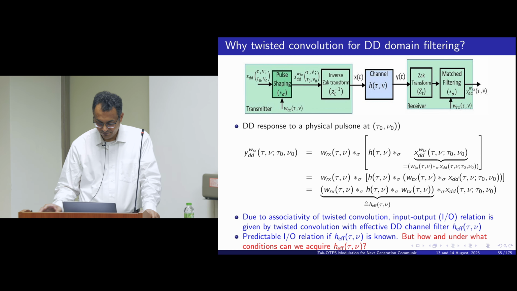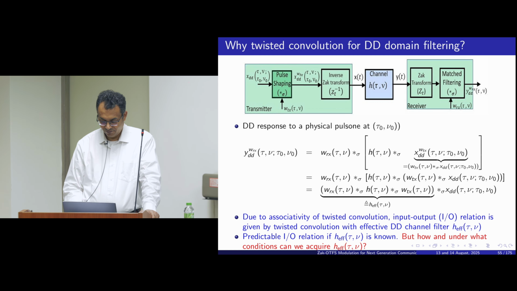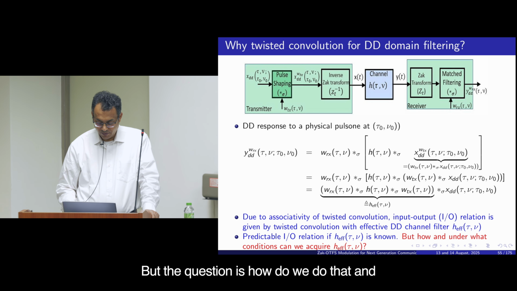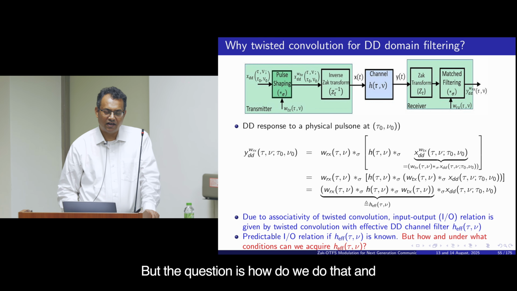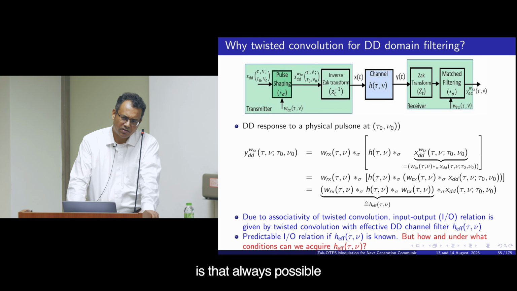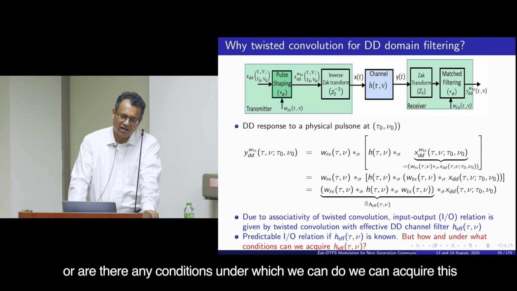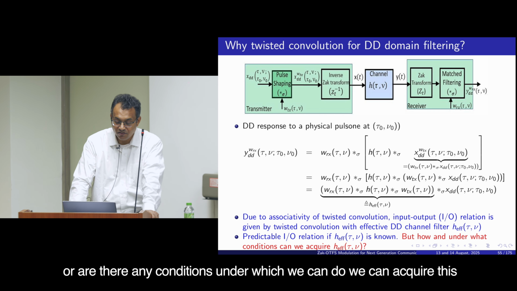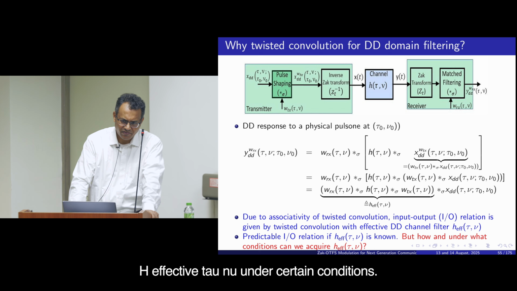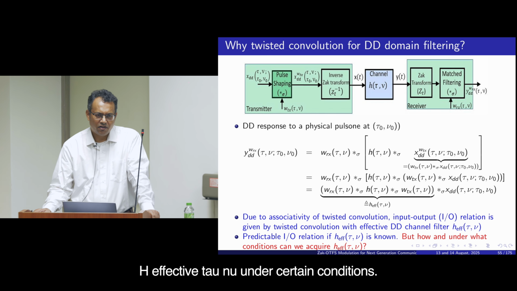Okay. But the question is, how do we do that, and is that always possible, or are there any conditions under which we can acquire this H effective tau nu?